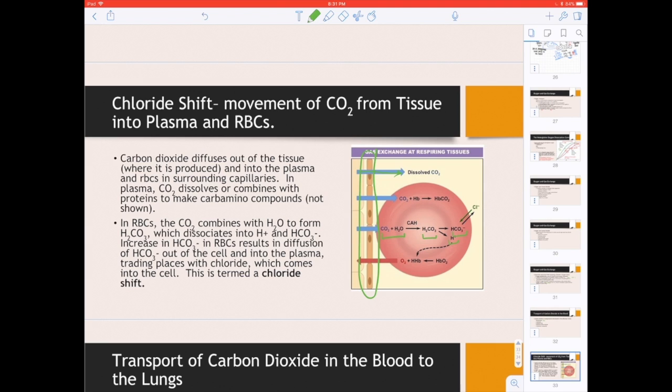Okay, so that equation should look familiar. In fact, it's exactly the same as the bicarbonate carbonic acid buffering system that we talked about at the beginning of the lecture. So you should recognize that.